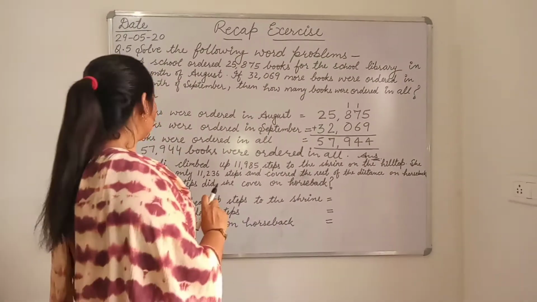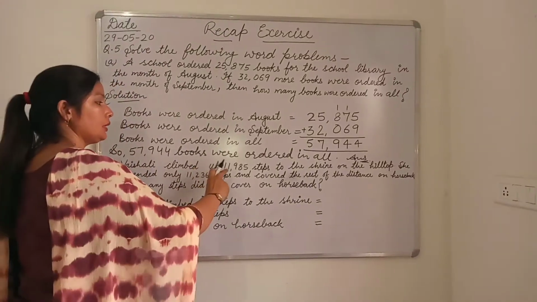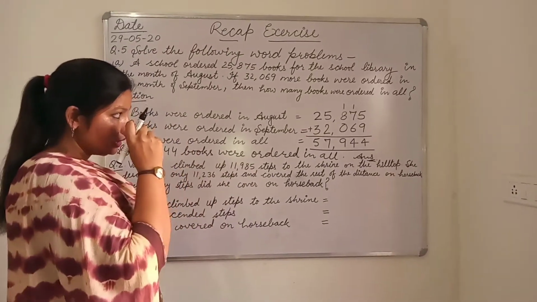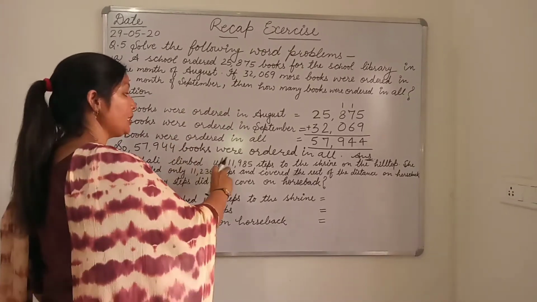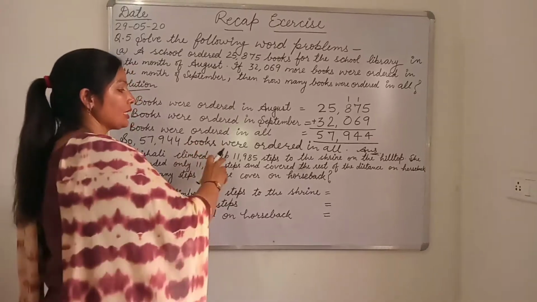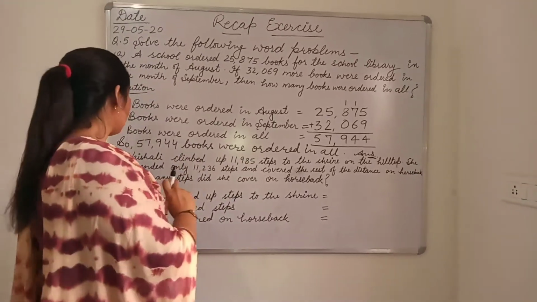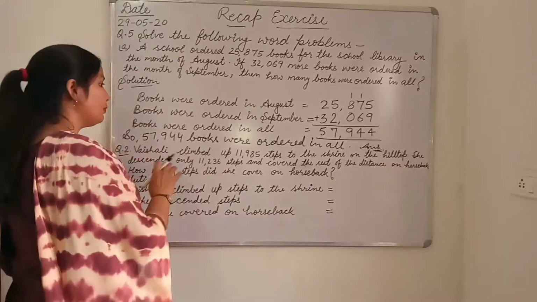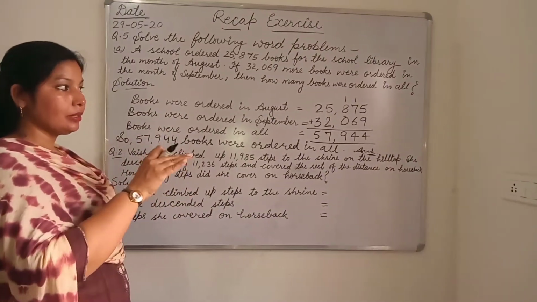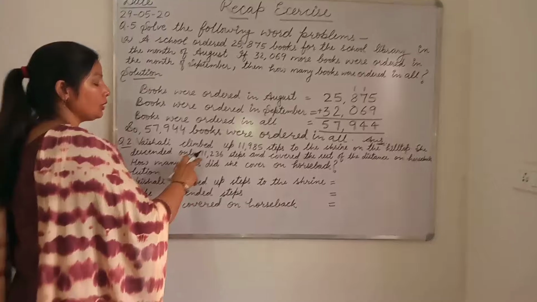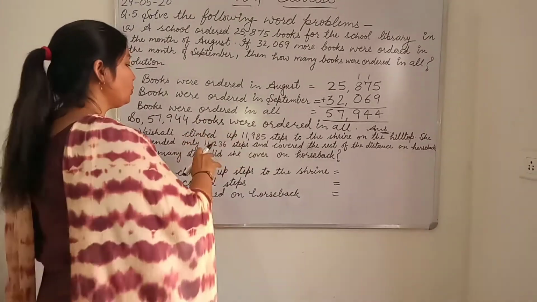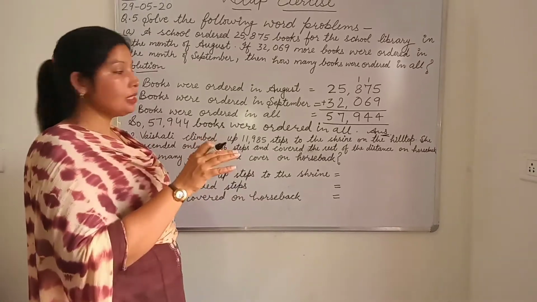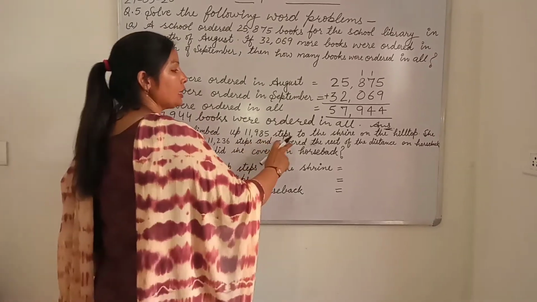So Vaishali climbed up these steps to the temple on top of the hill. Then she descended, which means she came down, only 11,236 steps. When she came down 11,236 steps, she got tired and covered the rest of the distance on horseback.